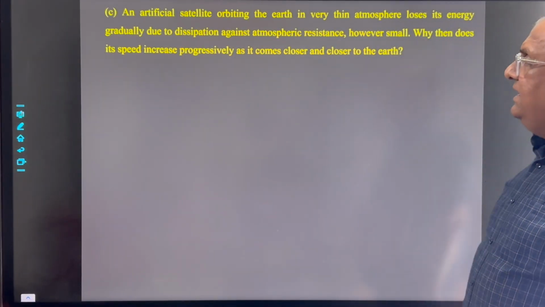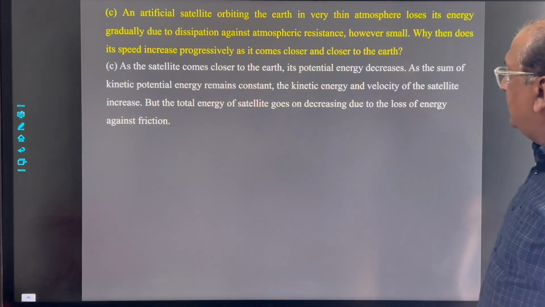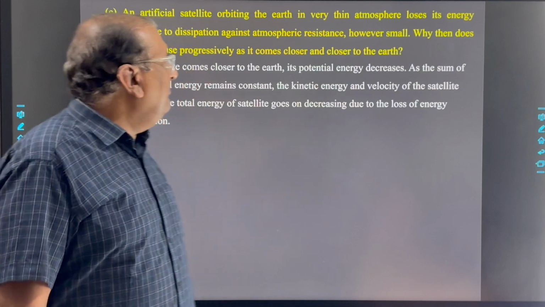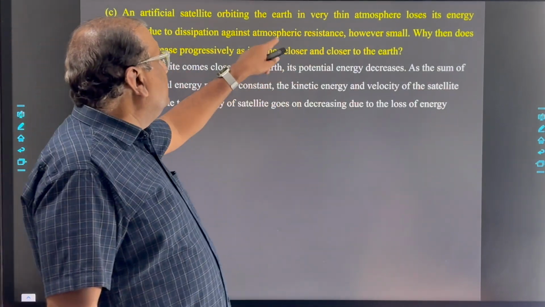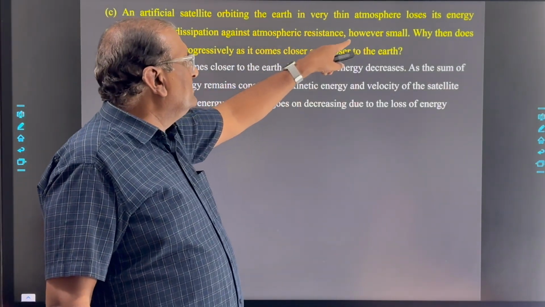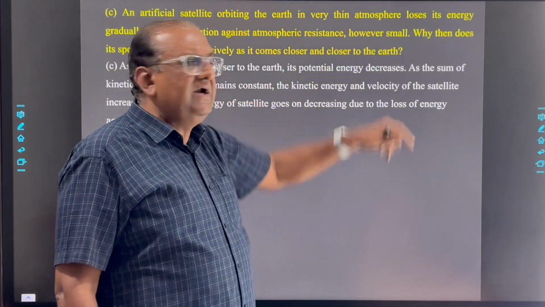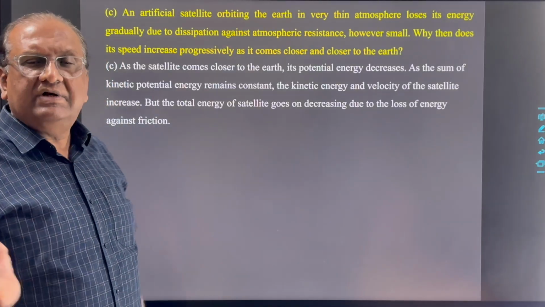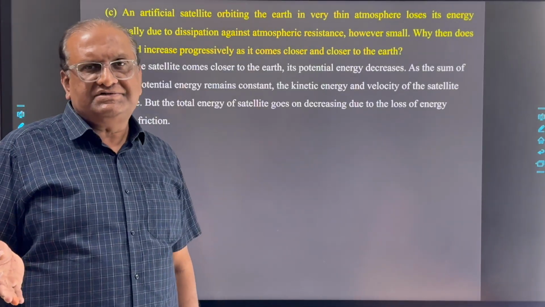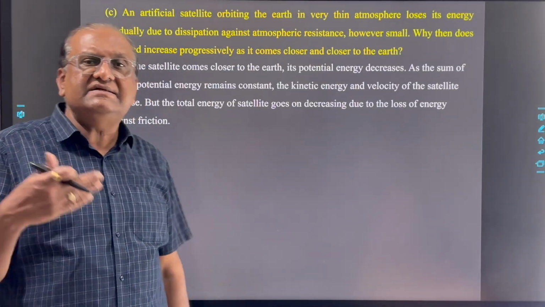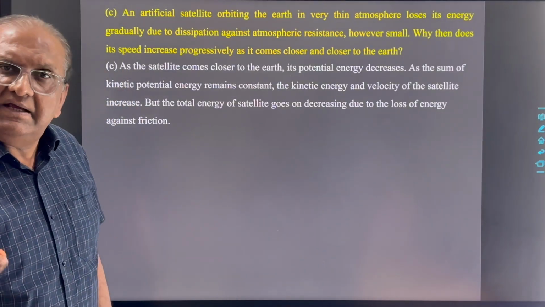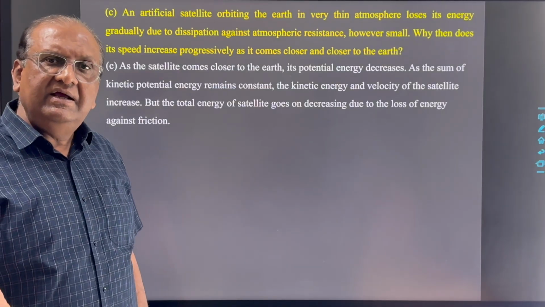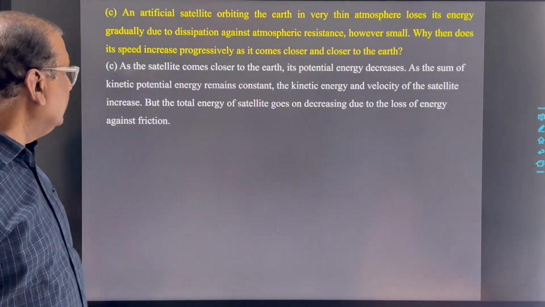Because when it comes closer to the earth, its potential energy decreases. And when we neglect this atmospheric resistance, since it is given to be small, we can say the total energy is almost constant. So when potential energy decreases, kinetic energy increases, and therefore its speed increases.